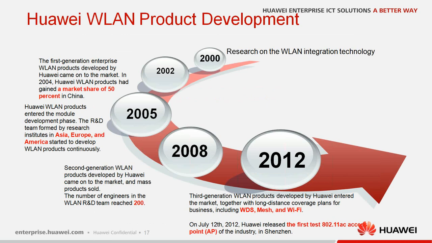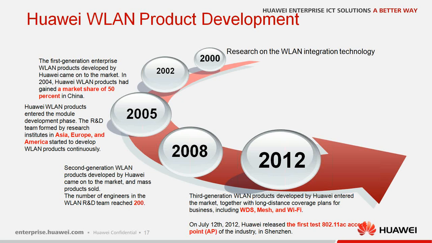Now we're going to talk about the wireless LAN solution from Huawei. Here it shows you the investment that Huawei has made in the last 13 years. Huawei has issued over 100 patents in wireless LAN over that time. We are now leading the industry when it comes to standards, especially in the .AC arena.